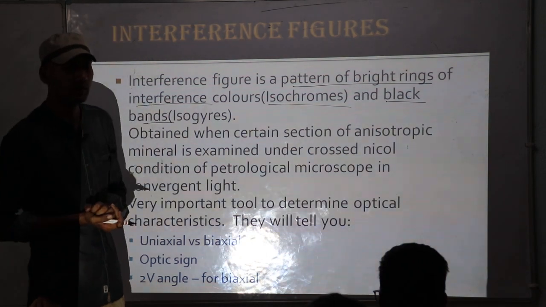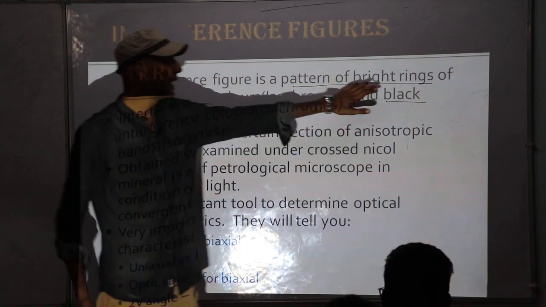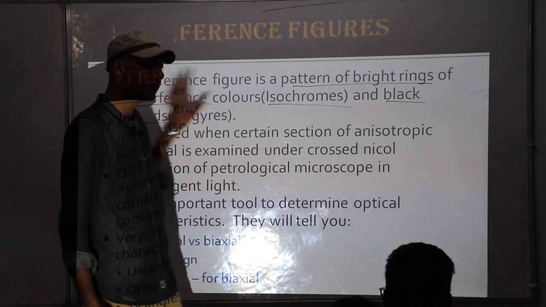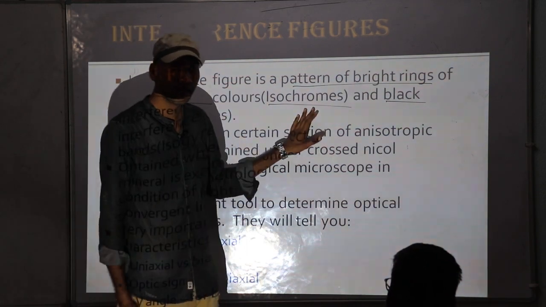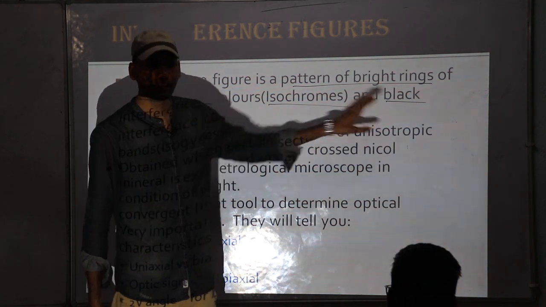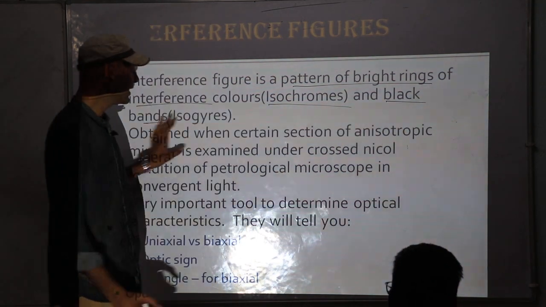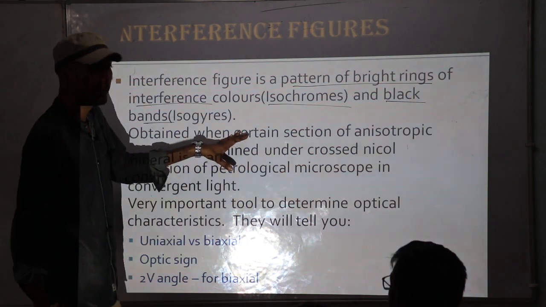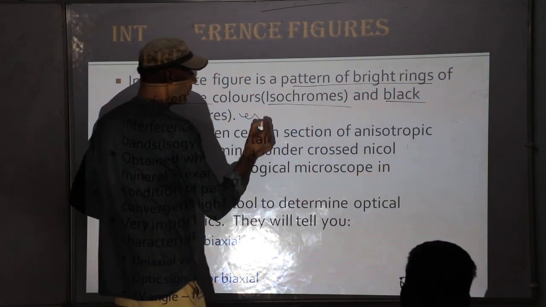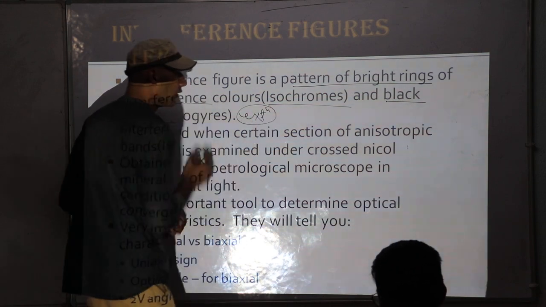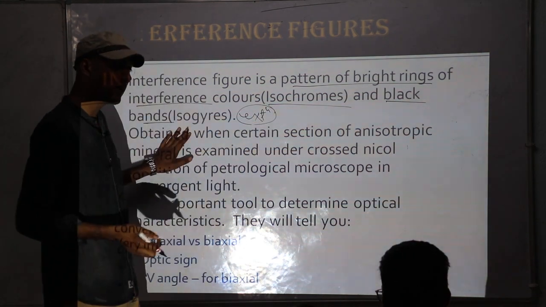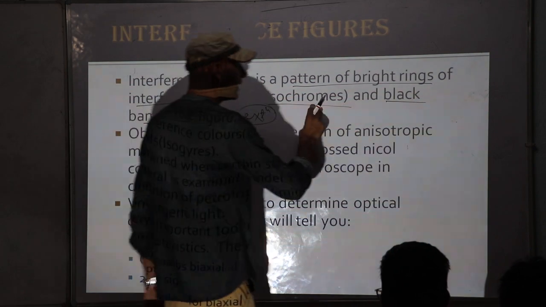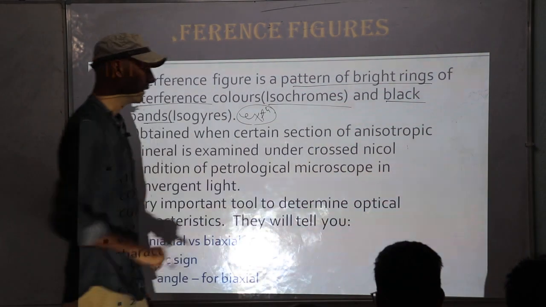Bright colored rings formed due to interference are named isochromes, and dark bands formed due to extinction are named isogyres. So extinction produces isogyres and isochromes are produced by interference.